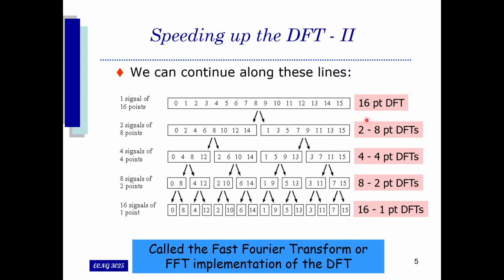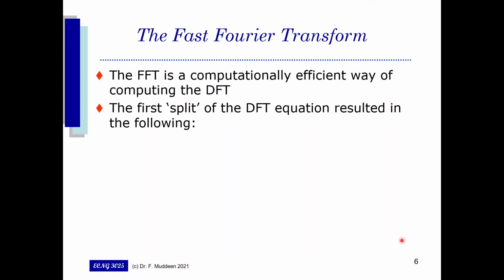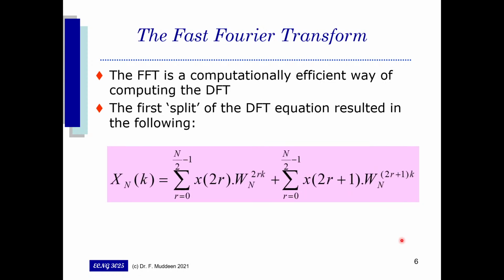In doing all these splits here, this is actually how we start approaching what we refer to as the fast Fourier transform, or the FFT, which is an optimized version of the DFT here. So, watching the first split of the DFT equation that we just saw in the previous slides, the 2r sequence here represented our even index sequence, and the 2r plus 1 here represented our odd index sequence.